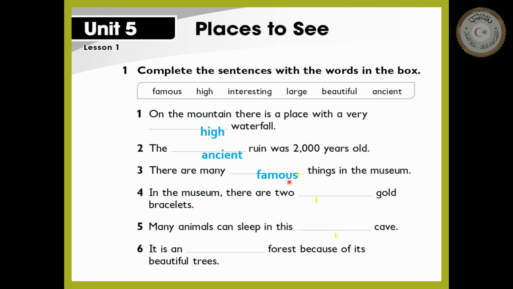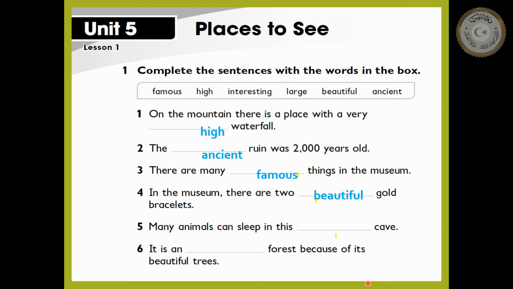So we have high, ancient, and famous. Can we go now to number 4? In the museum, there are two what? Gold bracelets. What can we write here? Which adjective? Beautiful.